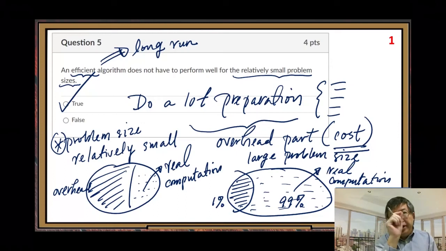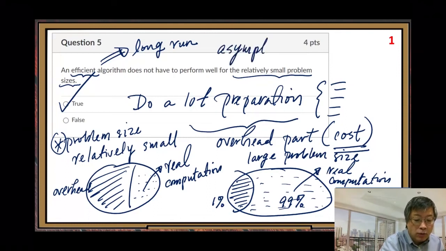Here, let me connect to another important terminology, the definition when we talk about asymptotic notation. If we want to study the concept, we need to go back to the asymptotic notation.